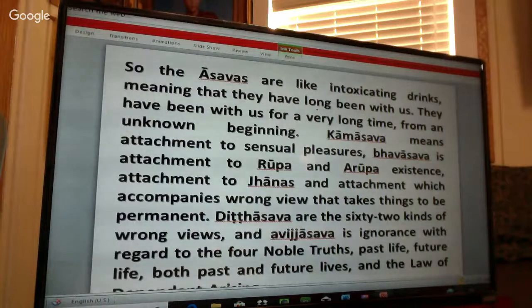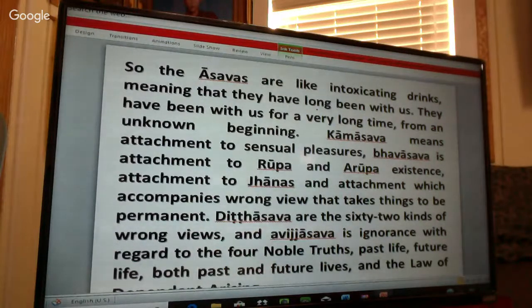They are like our friends in samsara, always together. They have been with us from an unknown beginning. In the round of rebirth, we cannot know the beginning because it is too long. So kamasava means attachment to sensual pleasure.